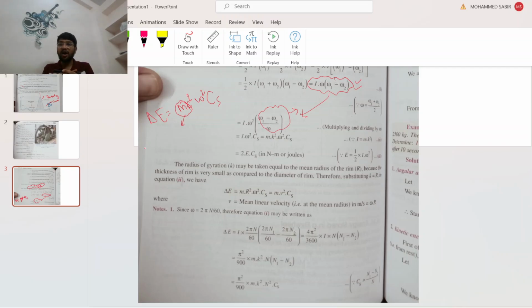If the applied torque and resisting torque are not equal, some fluctuation will always be there. If the applied force and resisting force become equal, then we can say the speed becomes constant, because throughout the process the work done against the resisting force and the work done by the applied force cancel out each other, so throughout the process the speed stays constant.